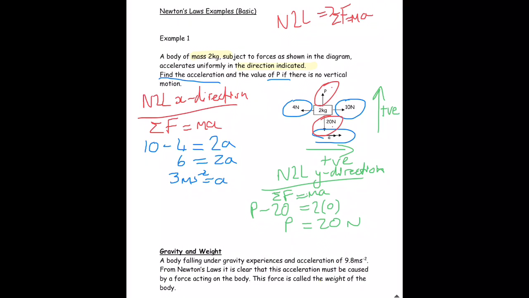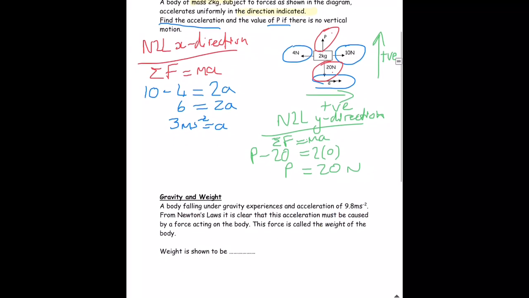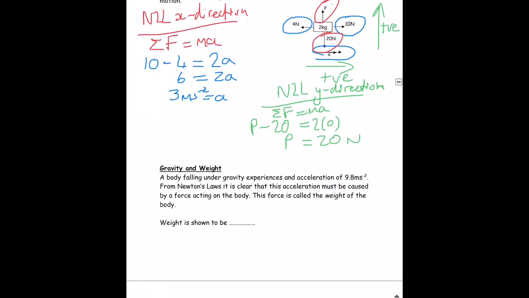So the important thing is what we'll usually have is things being accelerated by gravity. The important thing to notice is that the force due to gravity is called weight. Remember, gravity is an acceleration, and Newton said that force is equal to mass times an acceleration.